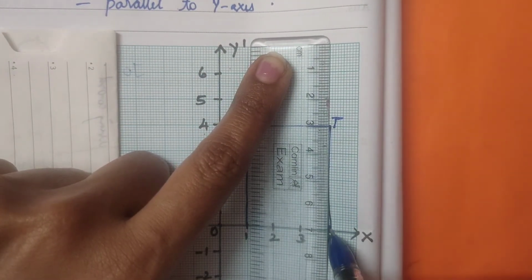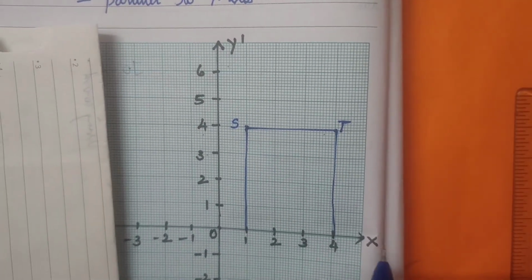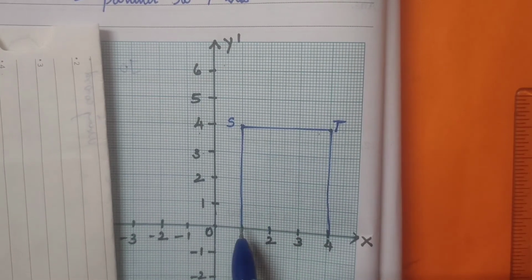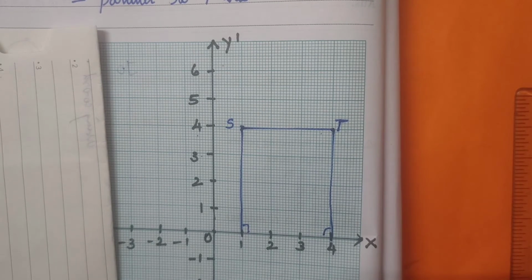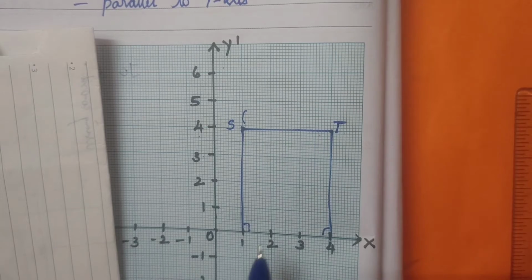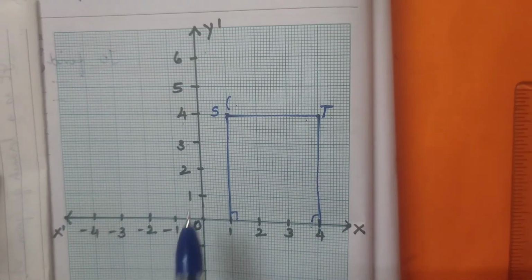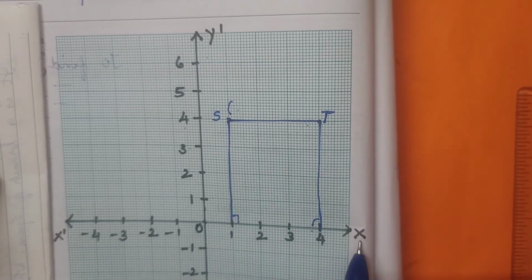That is, I'm making a perpendicular. I am making a perpendicular to which axis? The x-axis. This is parallel, so I am making a perpendicular to the x-axis, that is 90 degrees. Here also 90 degrees. Now, you understand, my dear, what is the point for this one? We made a perpendicular on the x-axis.